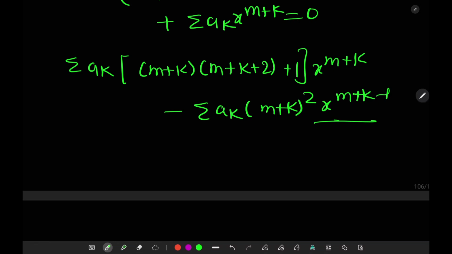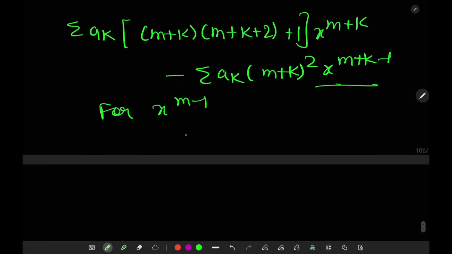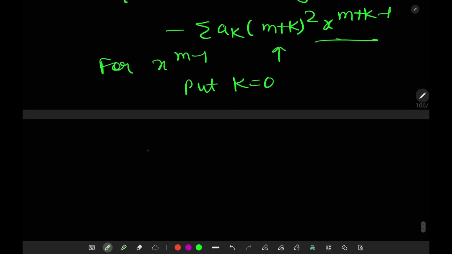This is the lowest power of x, for x raised to power m minus 1. Put k equal to 0 only in summation 2. So we can write here, this is the initial equation.